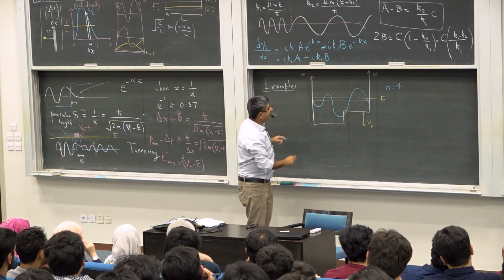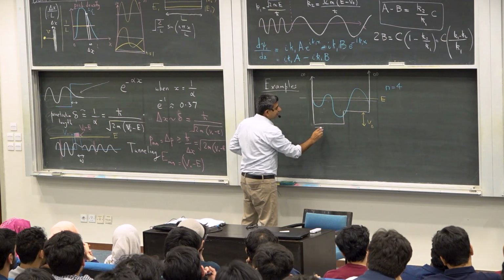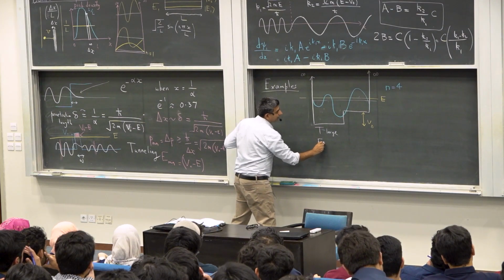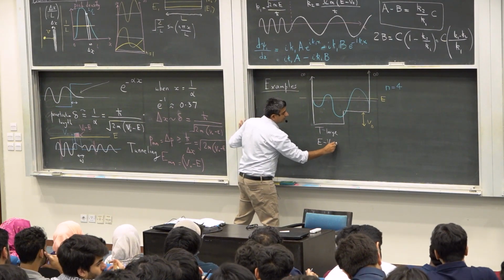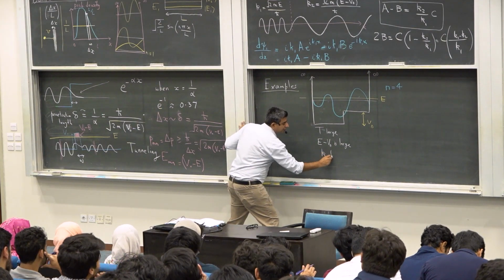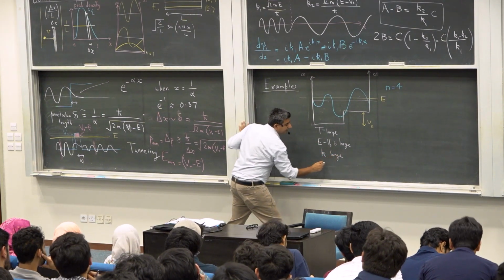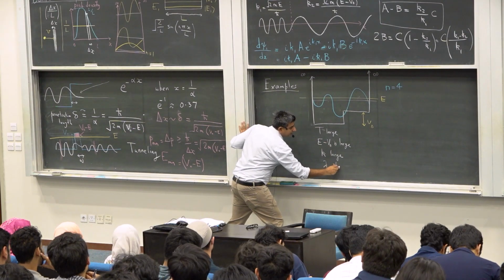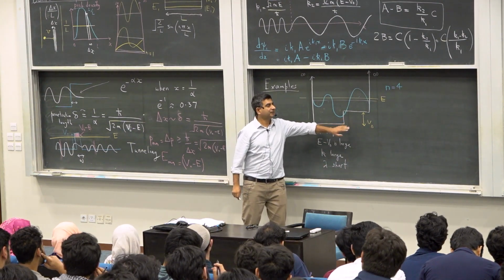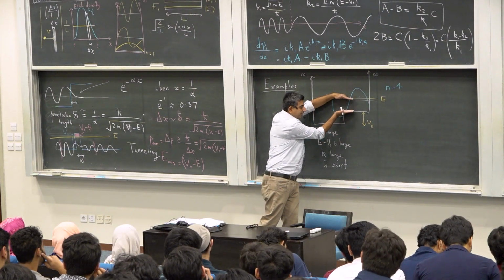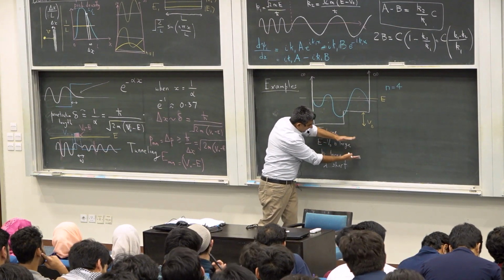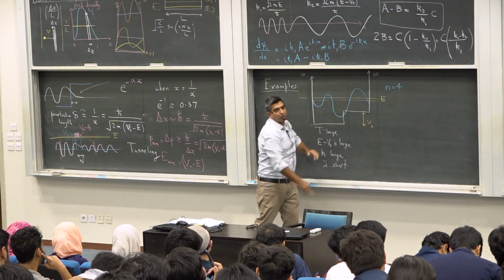Small wavelength: kinetic energy is large, T is large, E minus V naught is large, which means K is large, which means lambda is short. Here the opposite is true. The kinetic energy is small, which means E minus V naught is small, which means K is small, which means lambda is long.